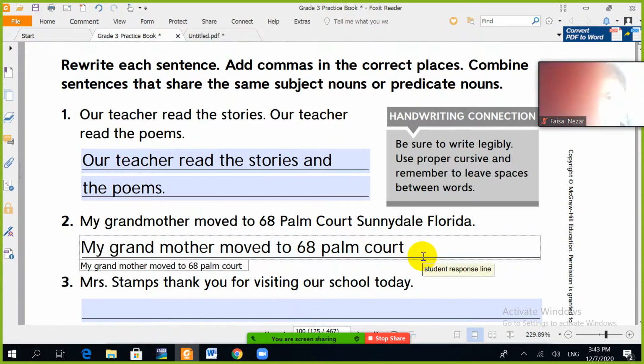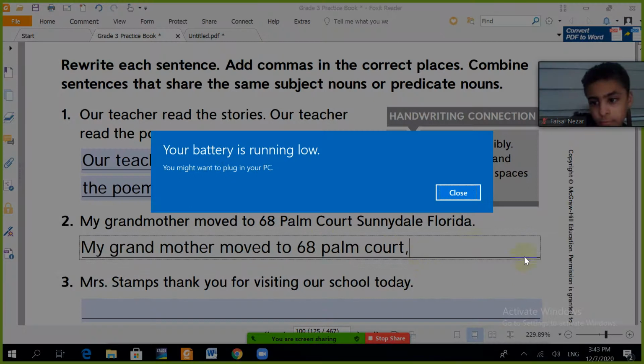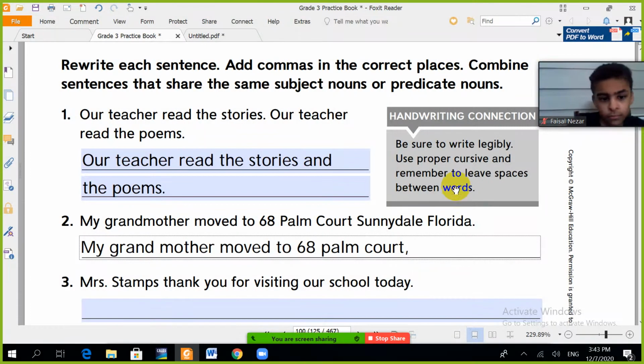We have to put a comma after street. Street, city, state. So Palm Court, Sunnydale.